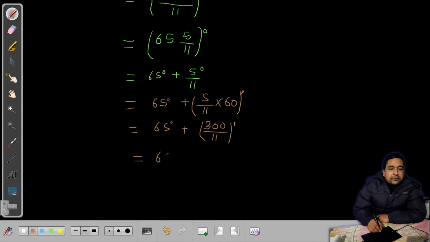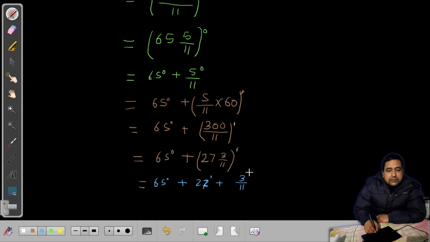Now this equals 65 degree plus 27 minute plus 3 upon 11 minute, separating the mixed fraction as whole number plus fraction.